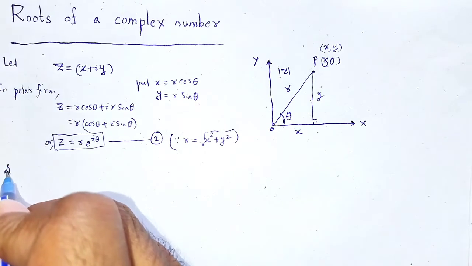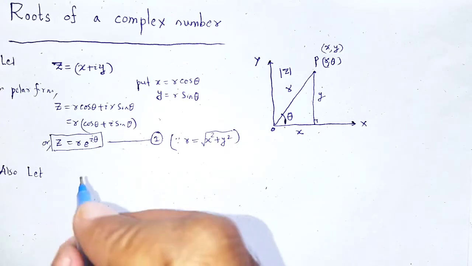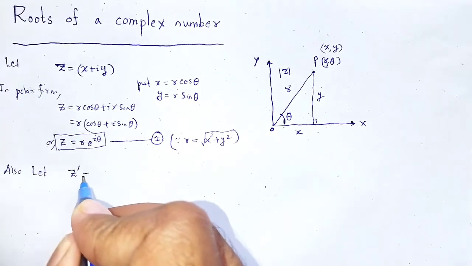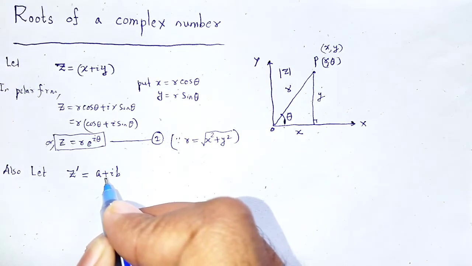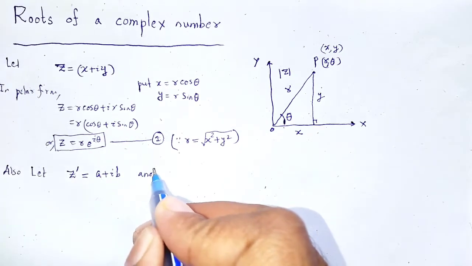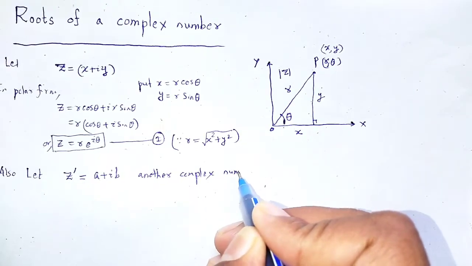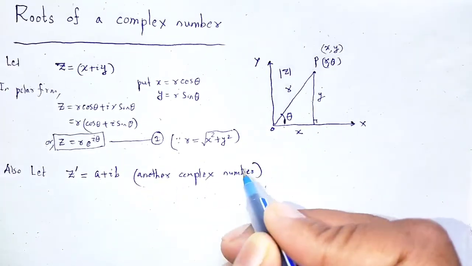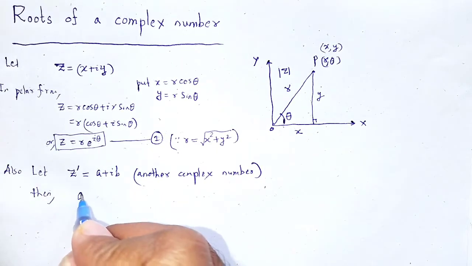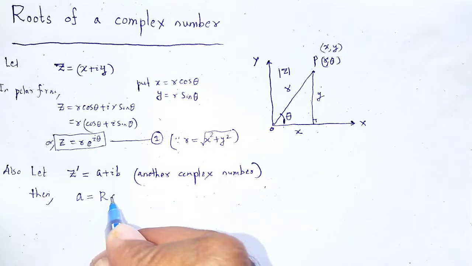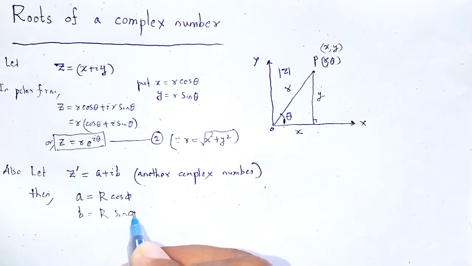Also, let us take another complex number z dash, which is written in the form of a plus ib. Then a is r cos phi and b is r sin phi.